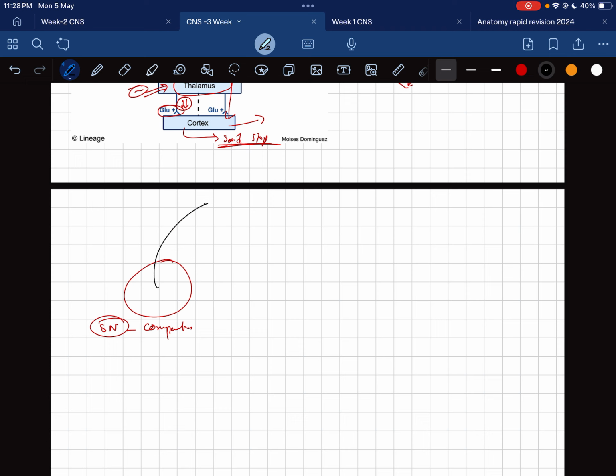So there is direct or indirect. This is the direct pathway and this is the indirect pathway. Go to the thalamus. In the direct pathway there is a D1 receptor, and in the indirect pathway there is a D2 receptor.